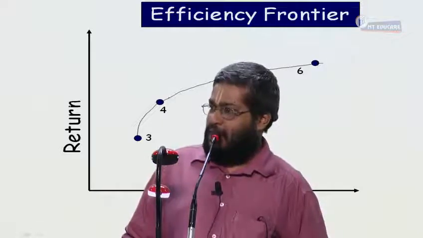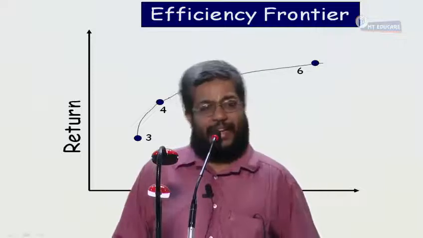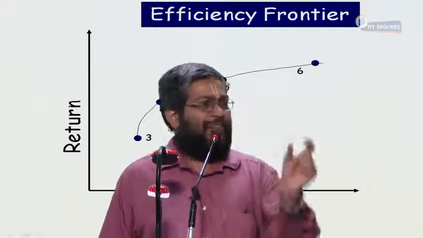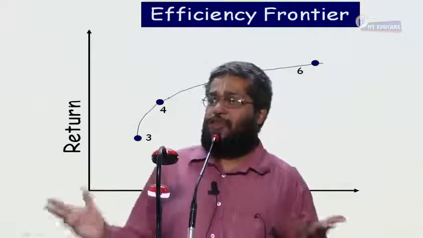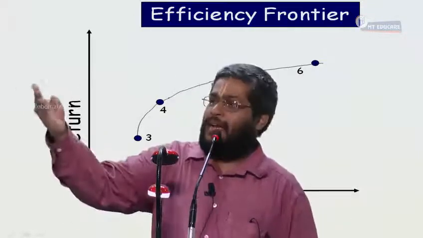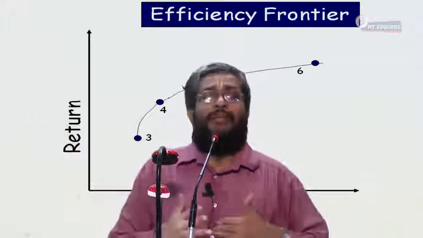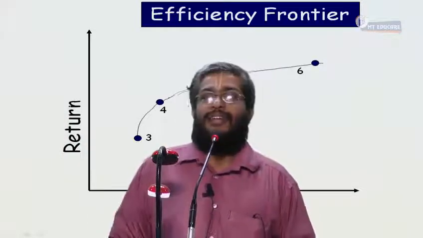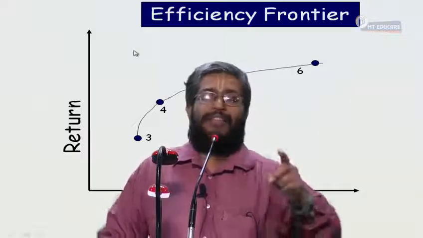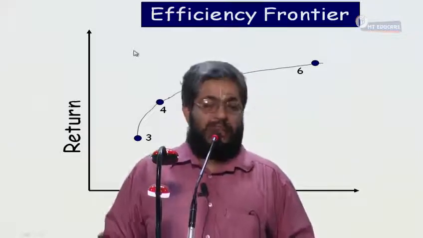A portfolio consists of another package of assets. Don't differentiate so much between portfolio and security. One security is called a security, multiple combinations are called portfolios. That's all. Can I proceed?